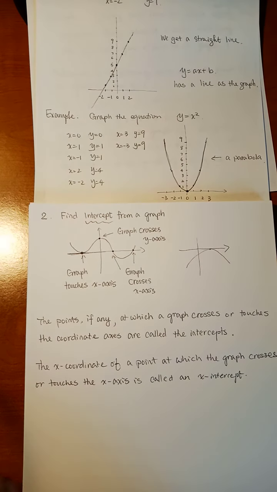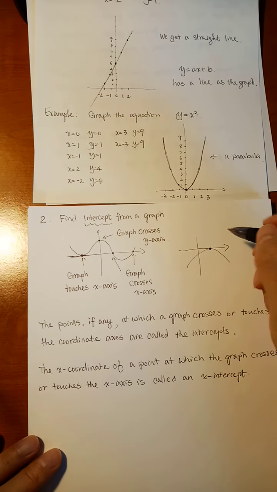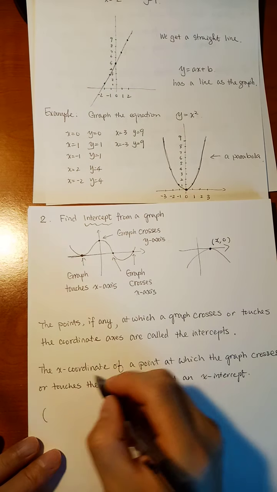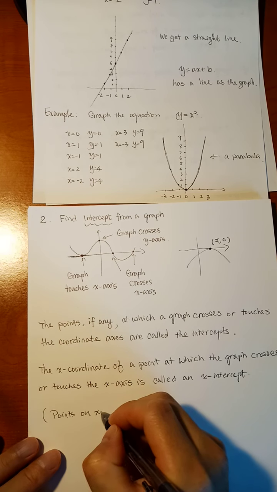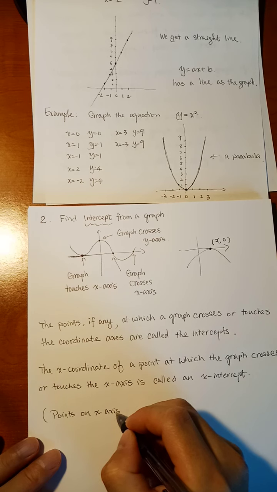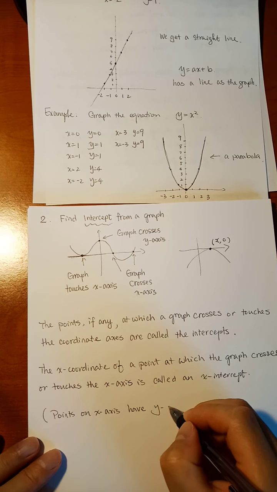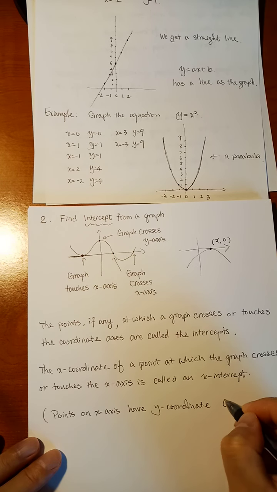X-intercept. Okay, so why? Every point on the x-axis is always related to the coordinates (x, 0). Points on the x-axis have y coordinate 0.